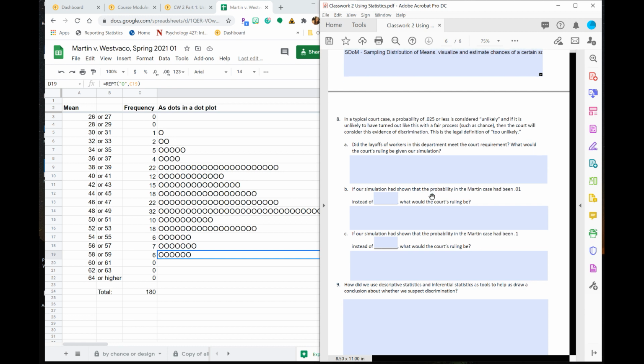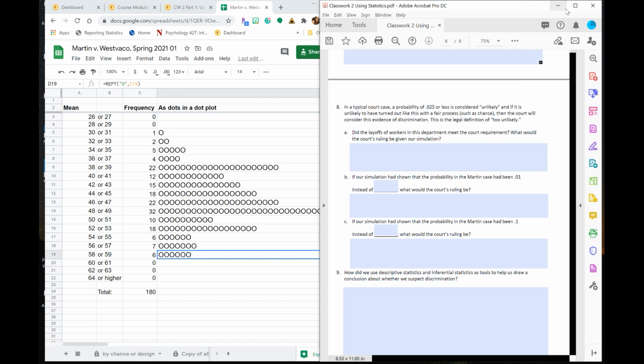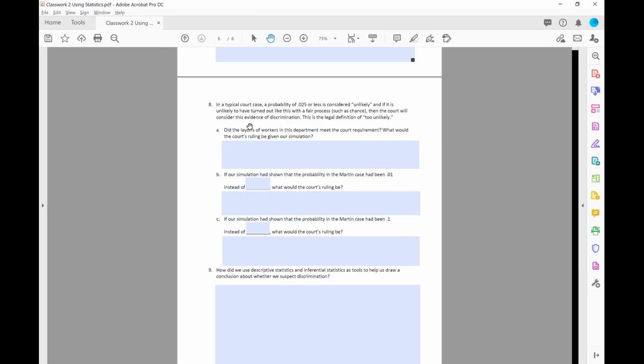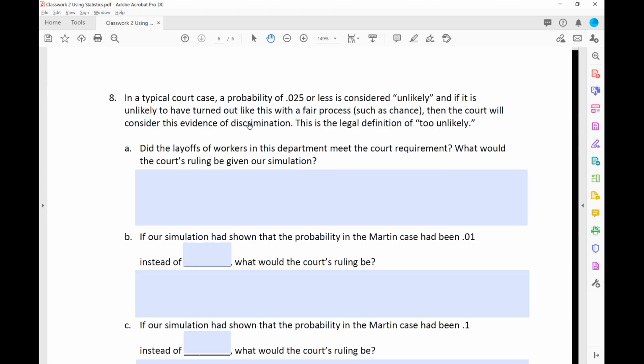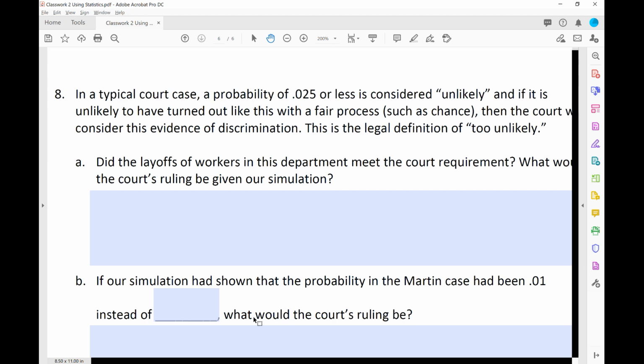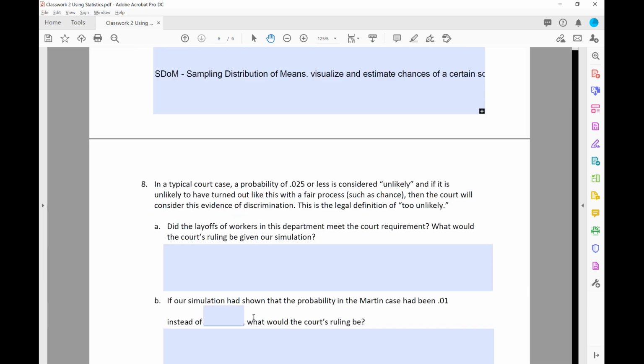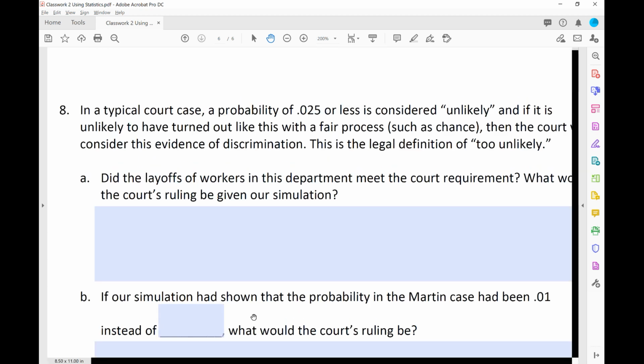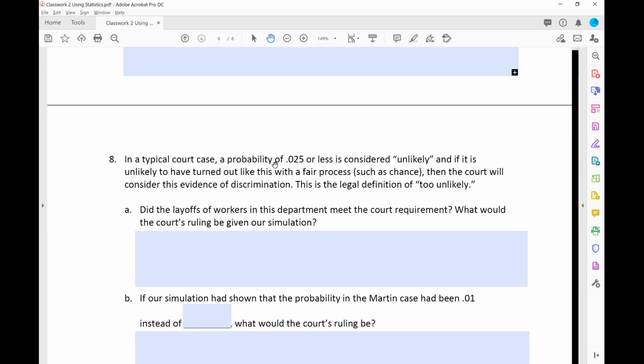Now, on number 8, I clue you into a little fact. So in a typical court case, a probability of 0.025 or less is considered unlikely.